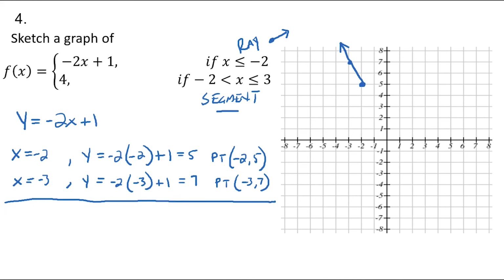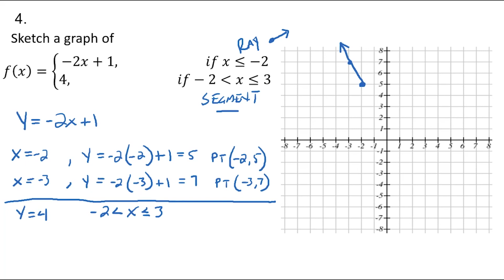So let's take a closer look at the second piece, where y is always going to be equal to positive 4, and of course as long as x is greater than negative 2 but less than or equal to positive 3.